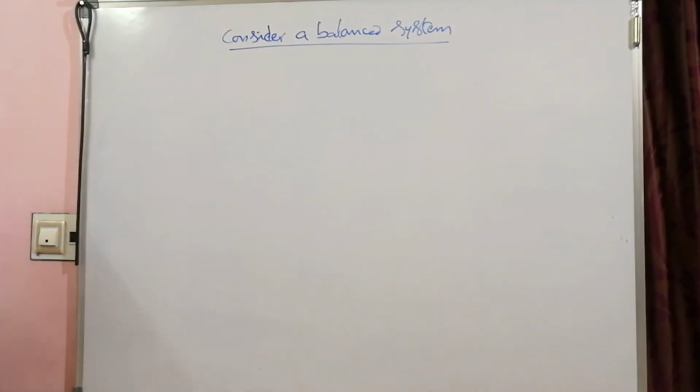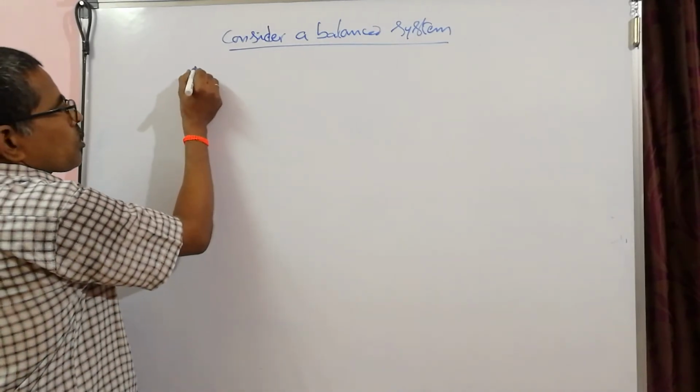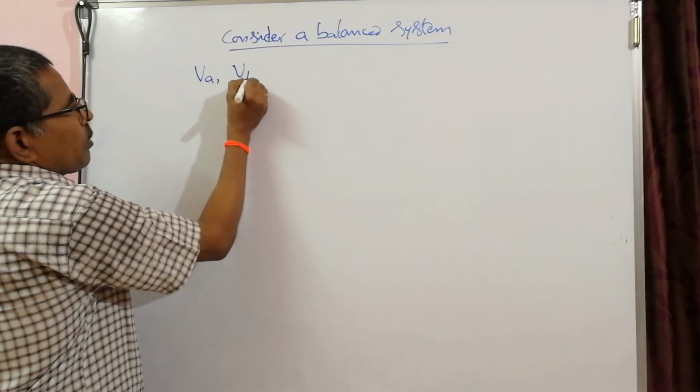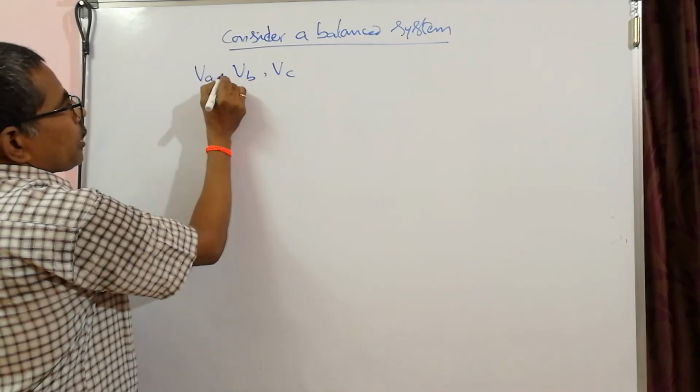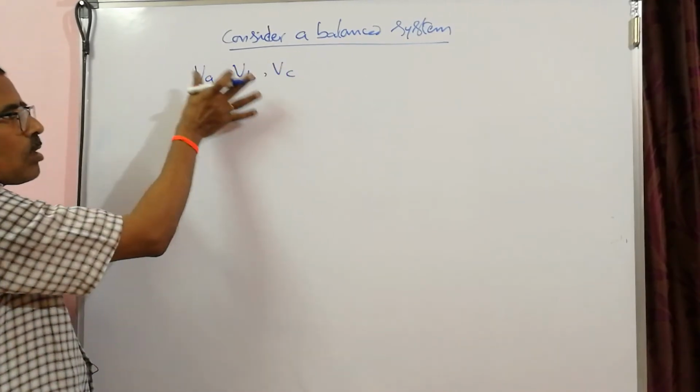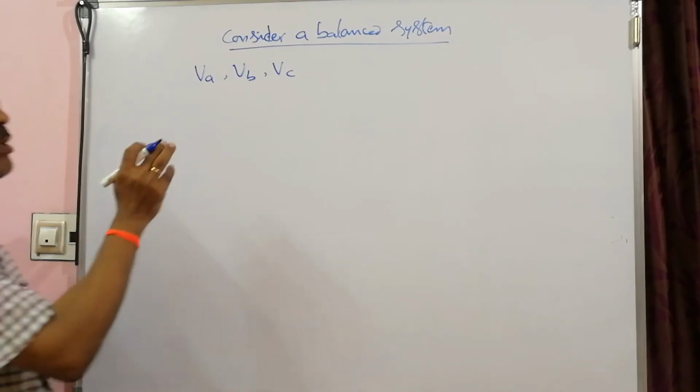You just consider a balanced three phase system, which means suppose you take VA, VB, VC. You are considering balanced voltages VA, VB, VC.